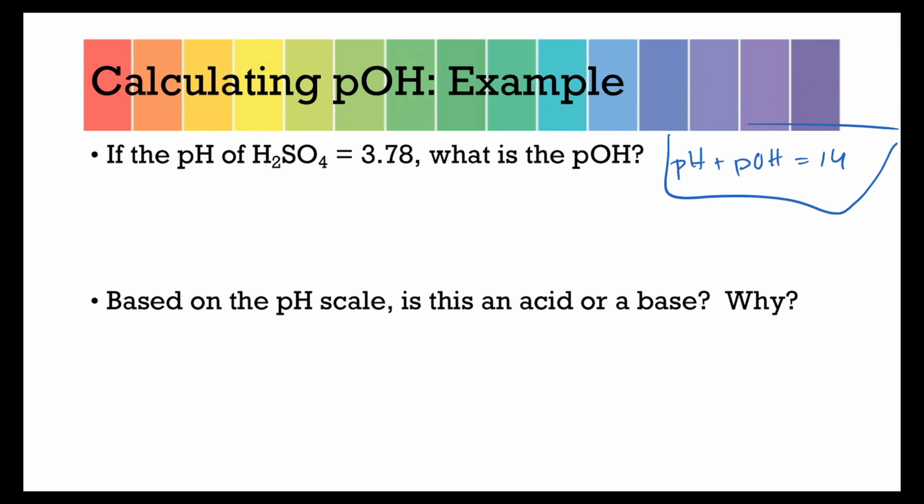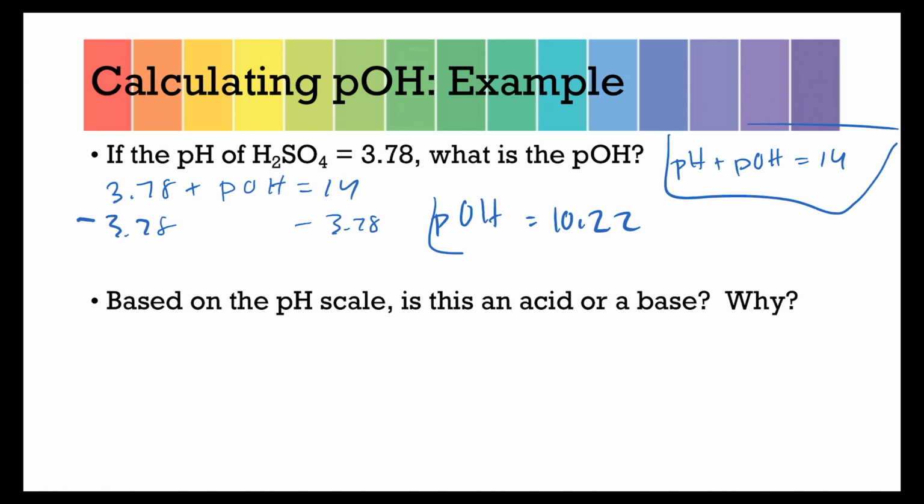That's a fact. So it says if the pH is 3.78, what is the pOH? So we know 3.78 plus pOH gives us 14. Doing this properly, minus 3.78 to both sides, and you get your pOH to be 10.22.